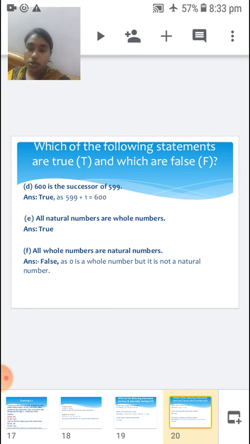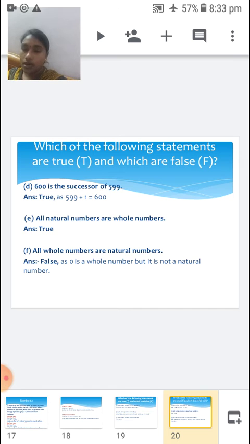So next we come on to the fifth sum. All whole numbers are natural numbers. So here there is a twist. Now they are asking all whole numbers are natural numbers. How come all whole numbers will be natural numbers?